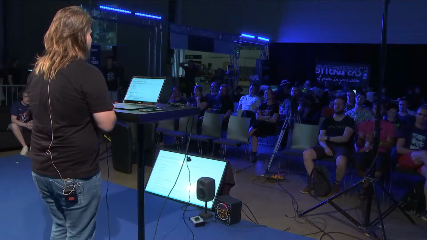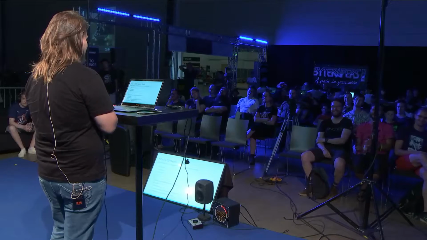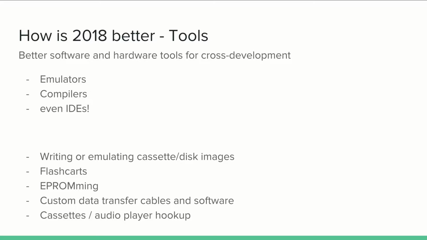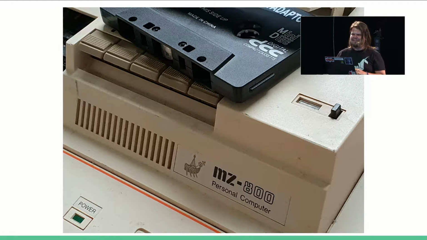And the most masochistic approach is to actually turn your cassette image into audio and record that onto a cassette, or use one of those MP3 cassettes with an audio lead and Android, play the WAV file of the cassette data through that, and run it on the actual software. And I see some people laughing, but here's photo proof of our last demo from Simulatio, where we actually had to do exactly that.